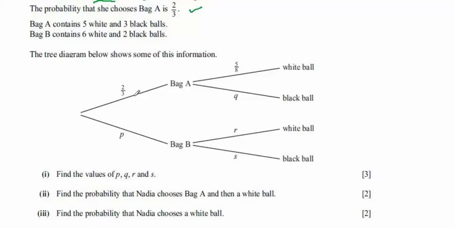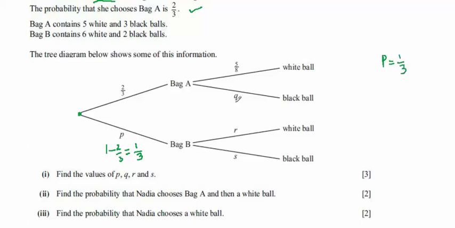We know that in the tree diagram, from one root, if some branches are coming out, the sum of the probabilities is always equal to 1. It means 2 over 3 plus P will be equal to 1. So P will be equal to 1 minus 2 over 3, which we already calculated before, which is 1 over 3. So the value of P is 1 over 3.